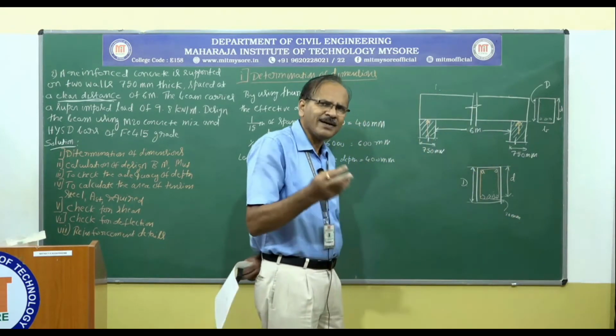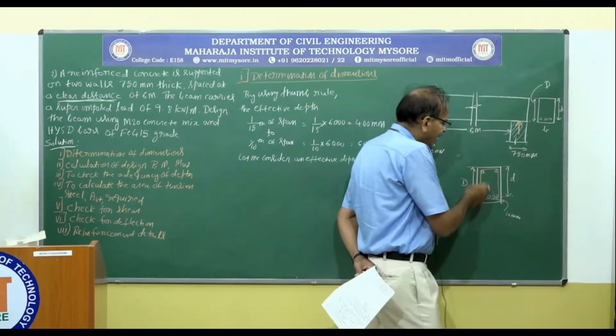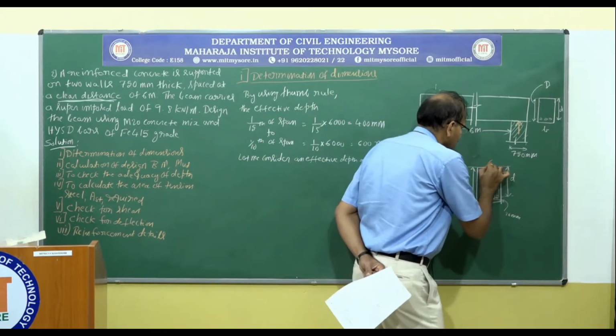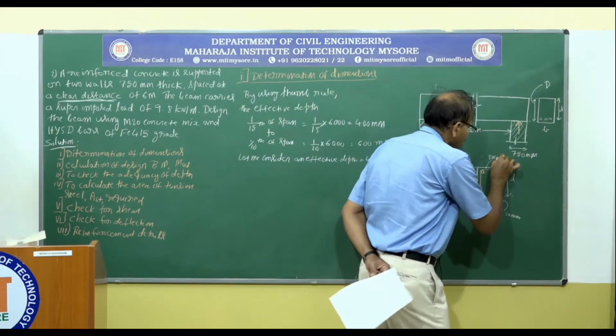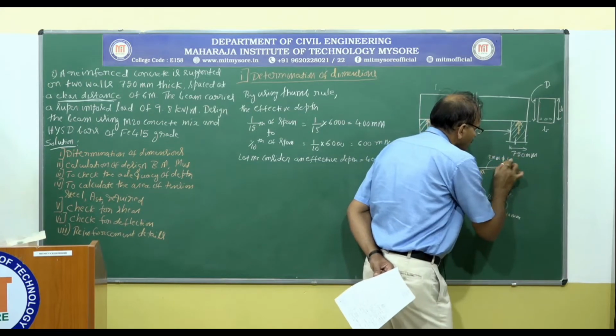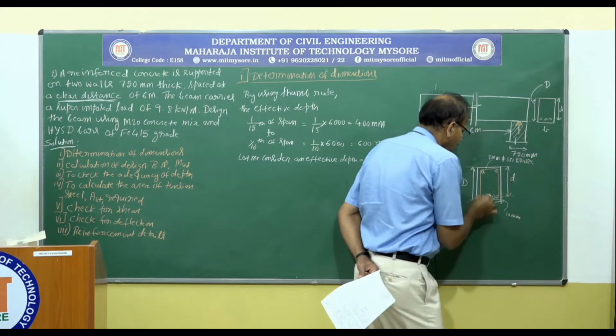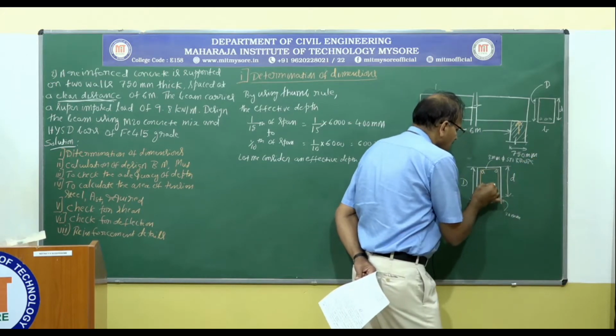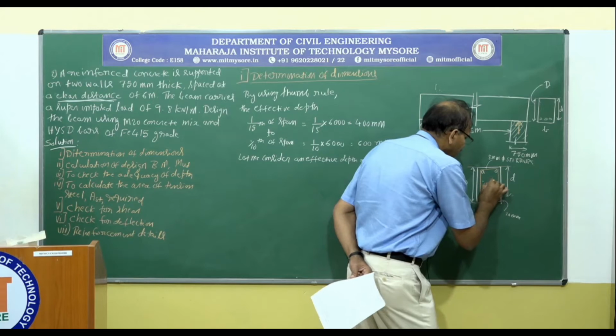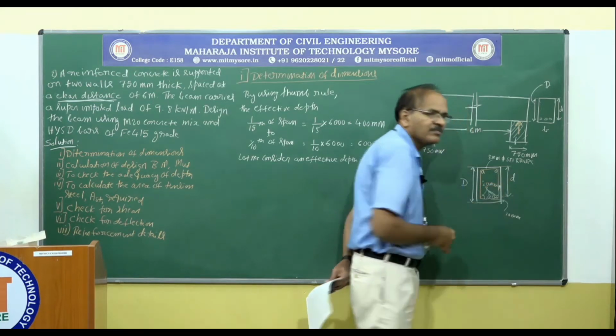Let us assume that we are using 8 mm dia stirrups, and let us consider 20 mm dia tension steel.